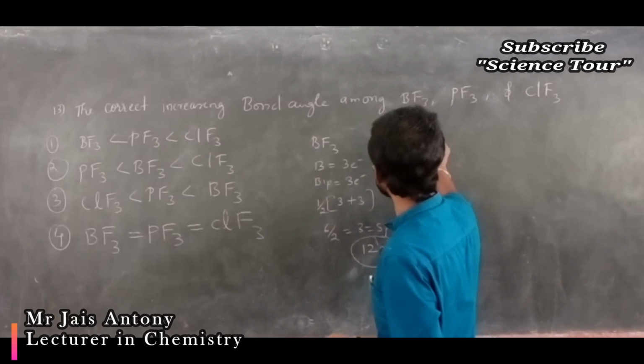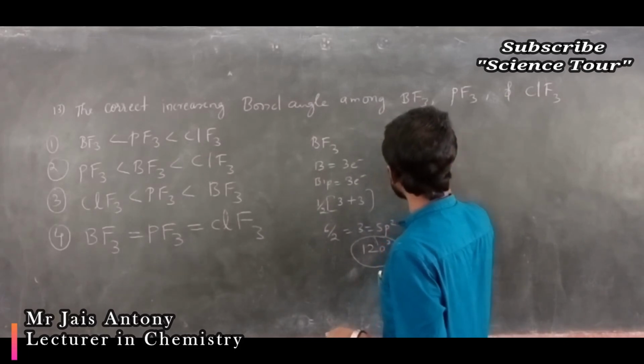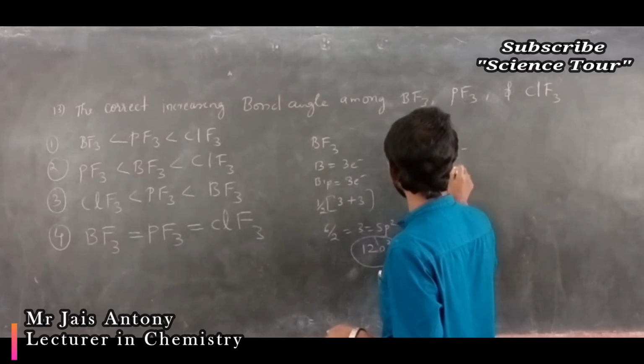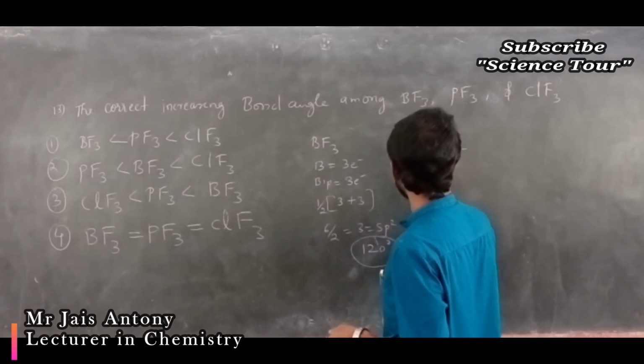My dear students, next is PF3. Phosphorus actually has 5 electrons, and phosphorus forms 3 bond pairs, so bond pair is 3, that means 1 lone pair.